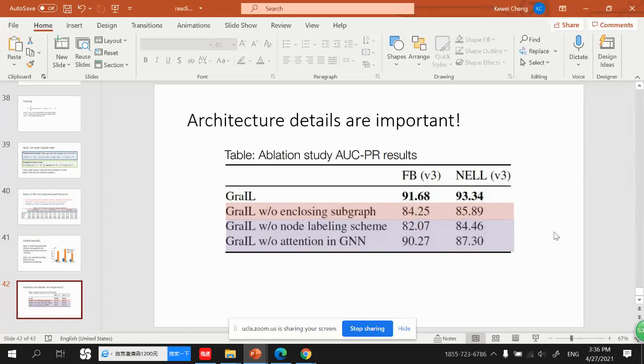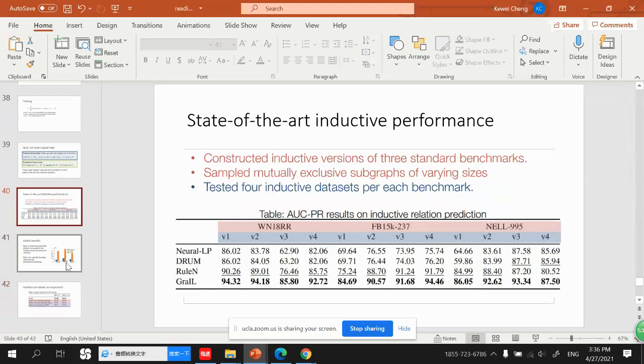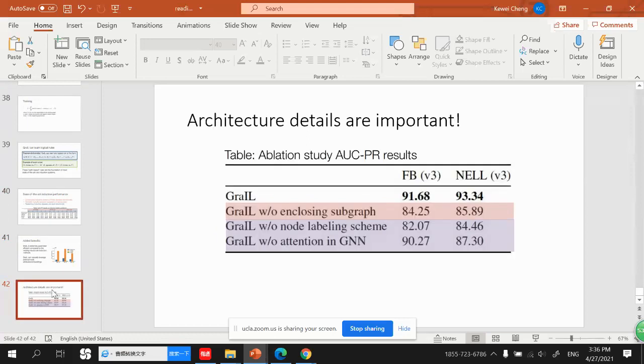So we can see that most of the power of the proposed method comes from the enclosing subgraph and the no labeling schema. That is the basic idea of the paper. So what does that V3 mean?